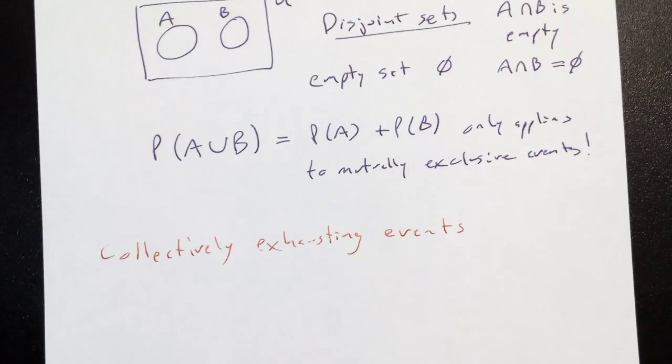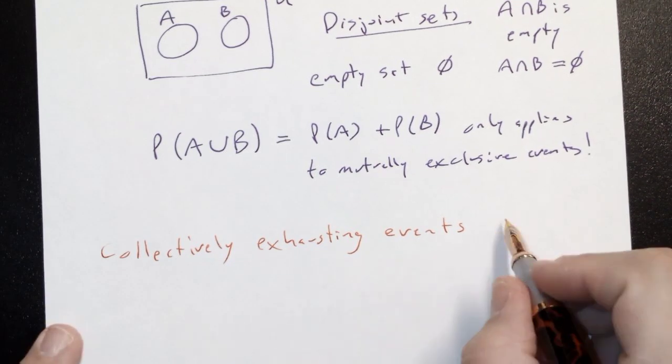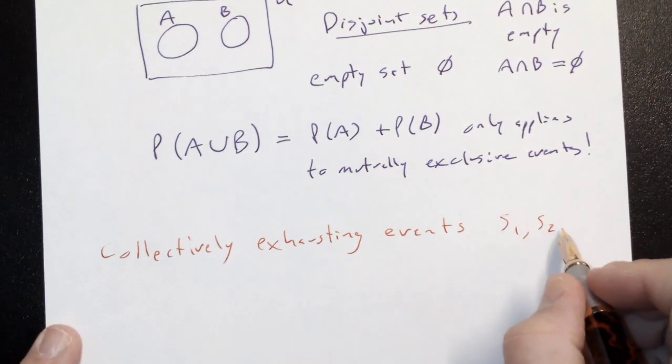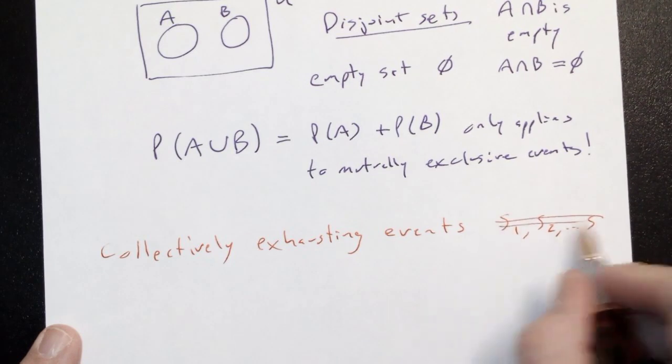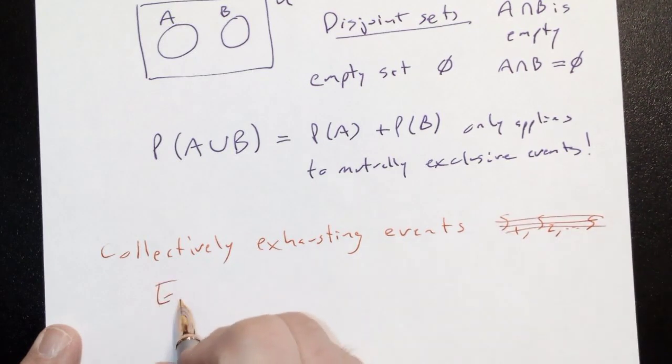A set of events is collectively exhaustive if those events make up the whole sample space. Wait a minute, I want to call them E for event.